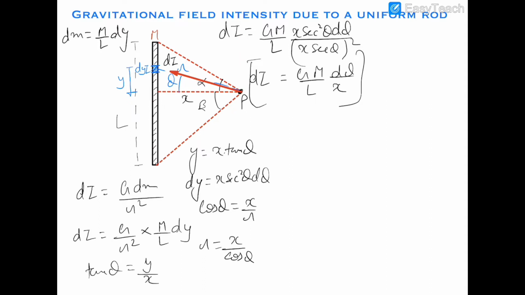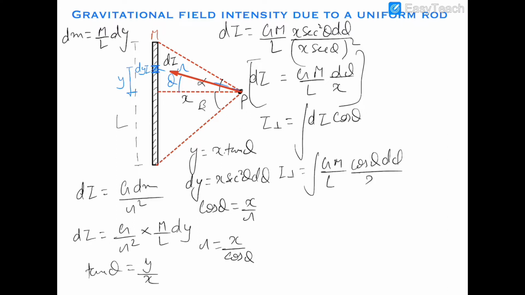So if I wish to find out I perpendicular, then it would be integration of dI cos theta. You can see that this component is dI cos theta, and I perpendicular would be integration GM by L cos theta d theta divided by x.